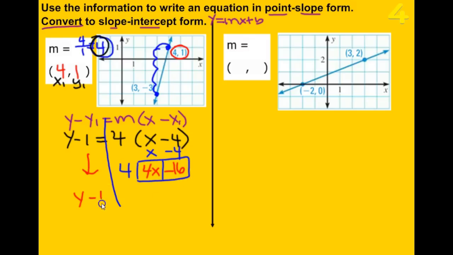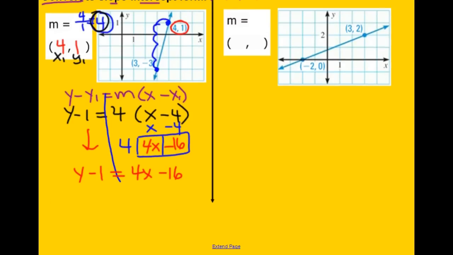I have y minus 1 equals 4x minus 16. And then my goal is to get y by itself, so I just need to get rid of the subtracting 1 by the opposite, which is adding 1. So -16 plus 1 is -15, and 1 minus 1 is 0, so we just have y equals 4x minus 15.